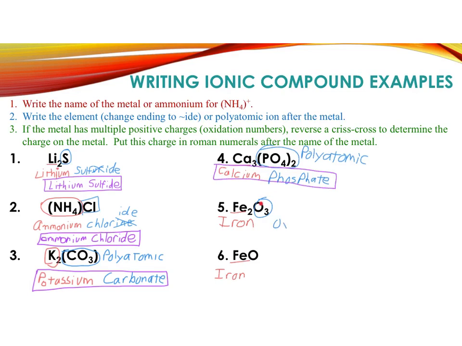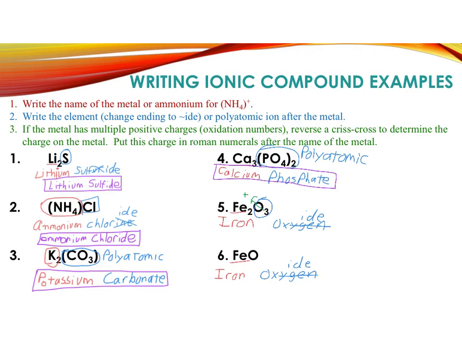In the blue step, we have oxygen for both of these. And remember, we're going to change the name from oxygen to oxide. So in both these cases, oxygen becomes oxide. They're both iron oxides of some sort, but there's a difference.